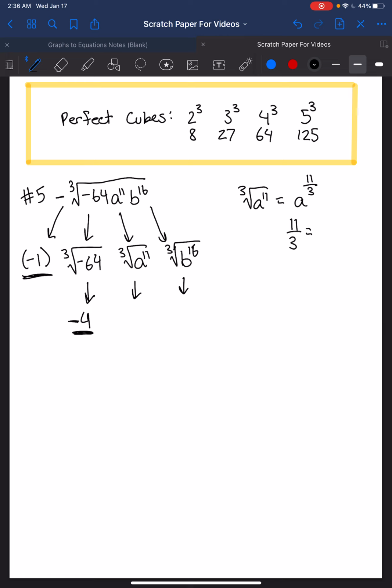If I were to divide that, 3 goes into 11 twice, and then I would have 2 left over because 3 times 2 is 9.